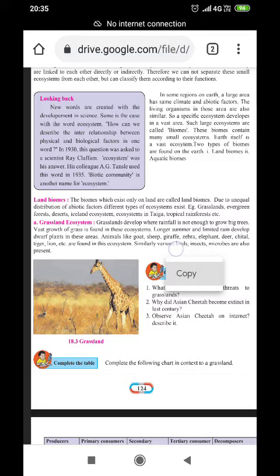Two types of biomes are found on the earth: land biomes and aquatic biomes. Land biomes are all terrestrial. Aquatic means inside the water. Now we'll discuss the land biomes.